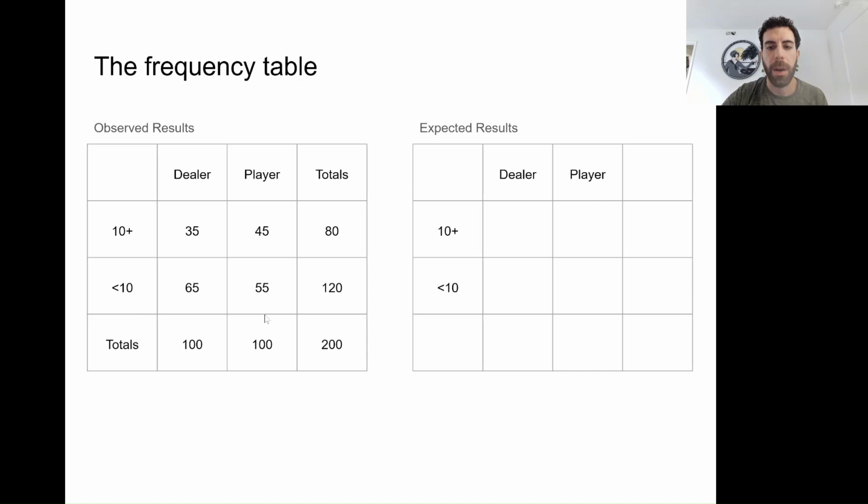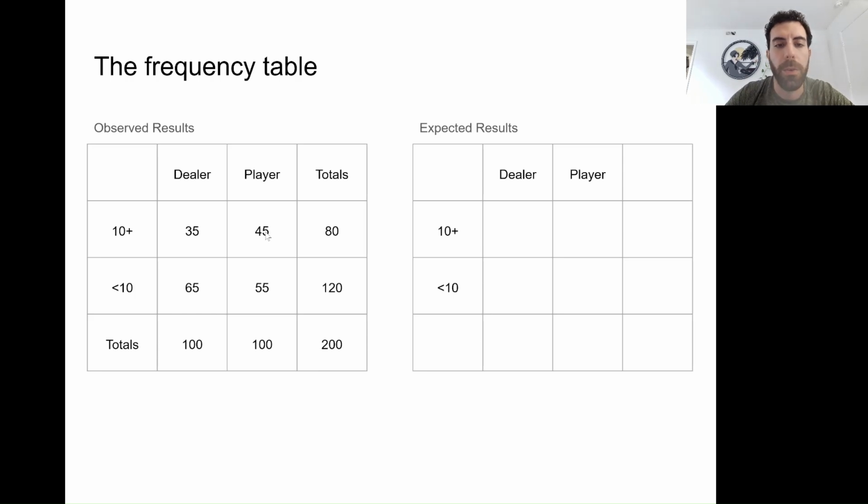So how do we calculate our expected results? Well, what we're going to do, it's very intuitive. Under the assumption of independence, you could probably figure out how to do this without me giving you the formula. So just looking at this table, if the dealer and player are indeed independent, I need the probabilities of receiving 10 or more to be equal for the dealer and for the player.